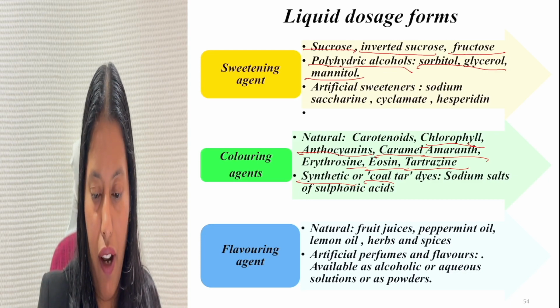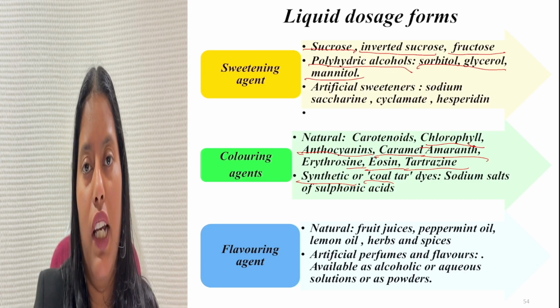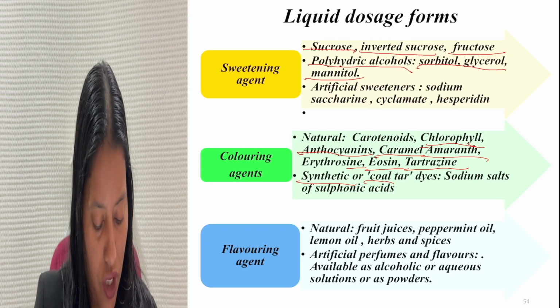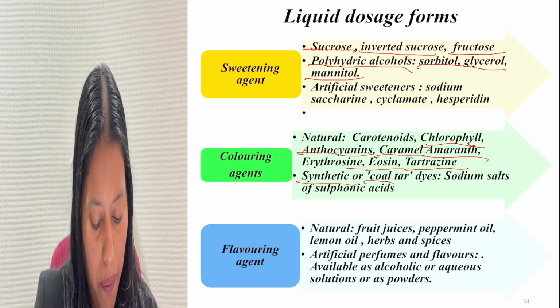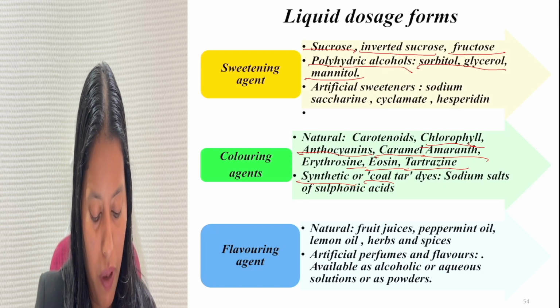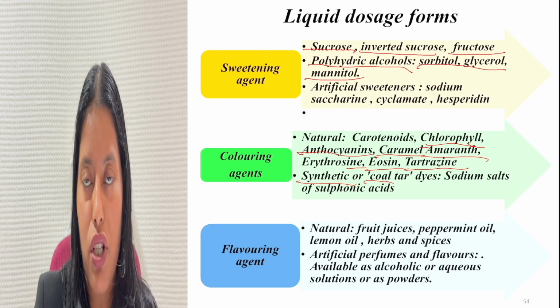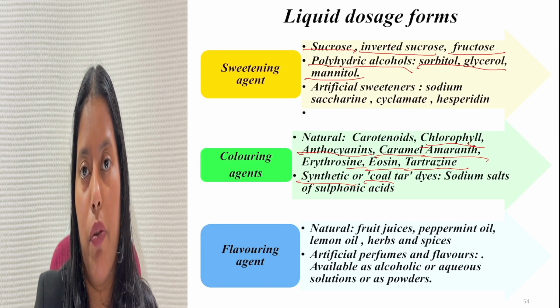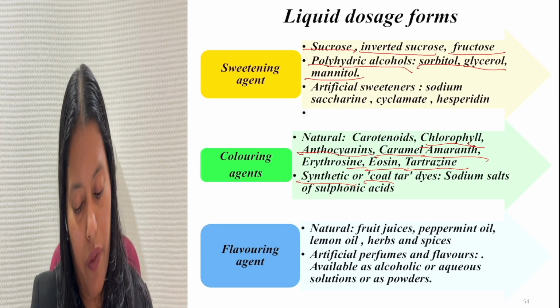Next you have the flavoring agent: peppermint oil, lemon oil, various herbs and various spices are used as flavoring agents. Then artificial perfumes and flavors are available as alcoholic or aqueous solutions or powders which can be used as flavoring agents for preparation of the liquid dosage form.